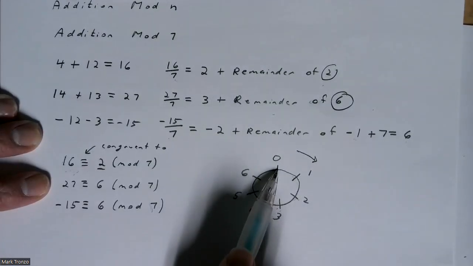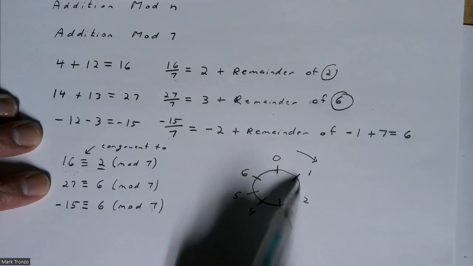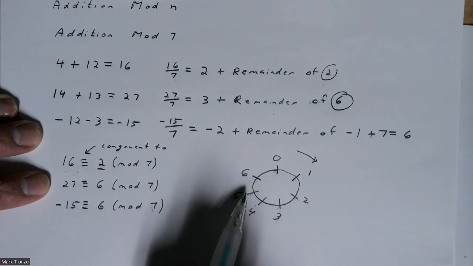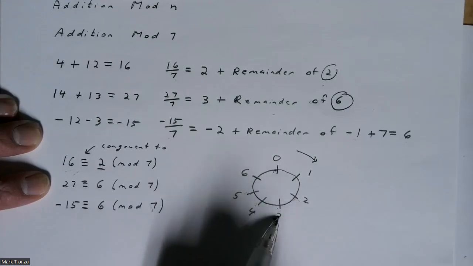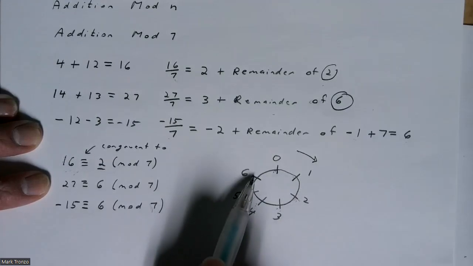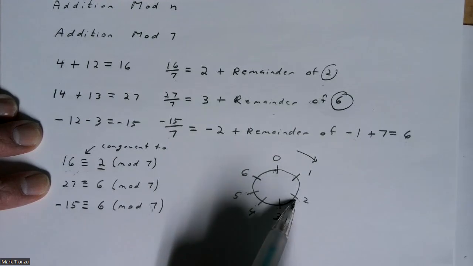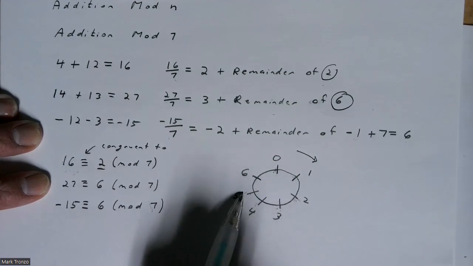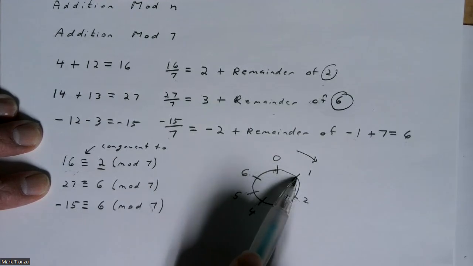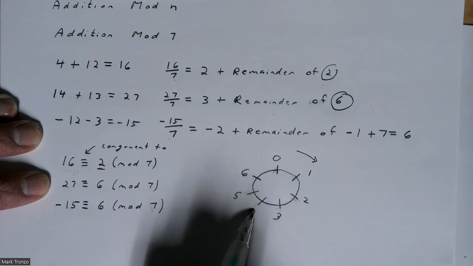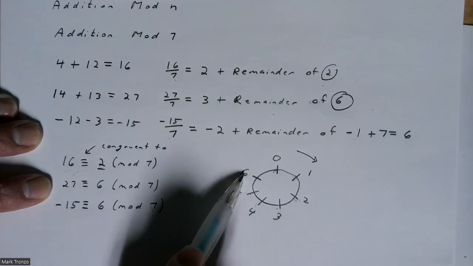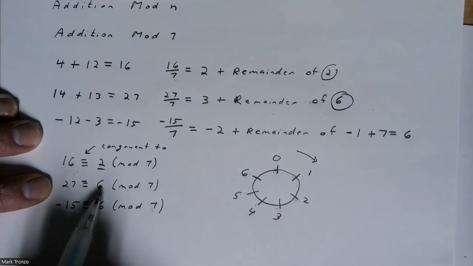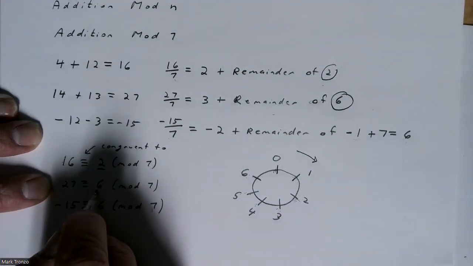Or for 27, let's start at 0. 1, 2, 3, up to 27. I started at 0, counted to 27, and landed on 6. That's the same thing we got here.